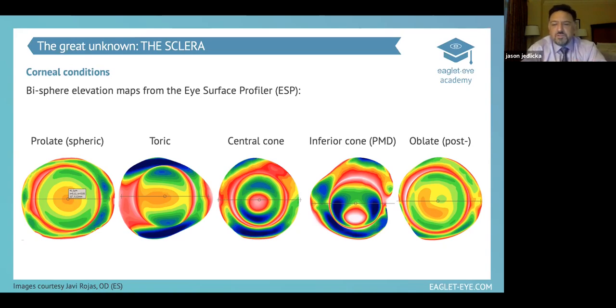Our next patient, a pellucid marginal degeneration patient with very inferior thinning, we see again a highly irregular scleral shape. And in our post-surgical eyes, we can see not only an irregular oblate-shaped cornea, but we also gain some irregularity to our sclera in those patients as well.